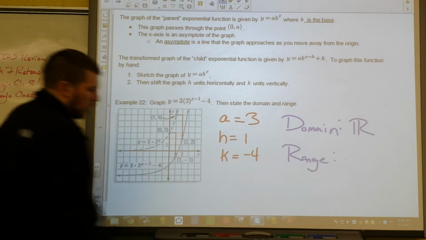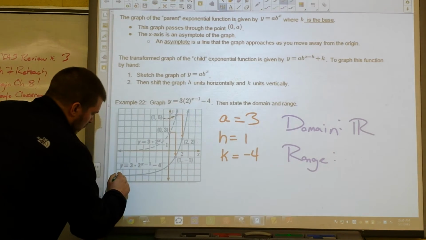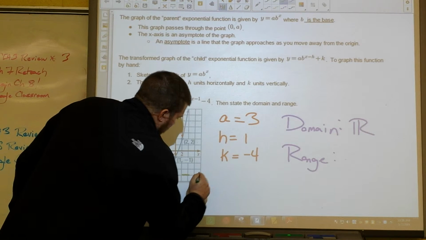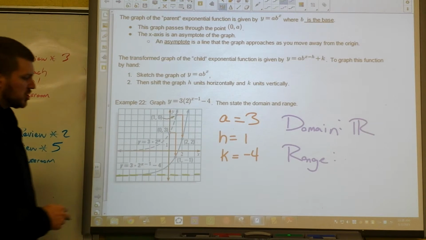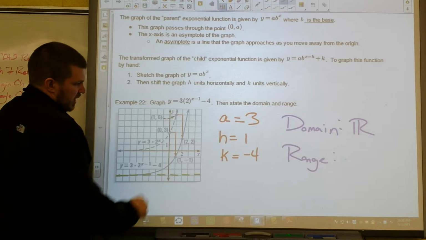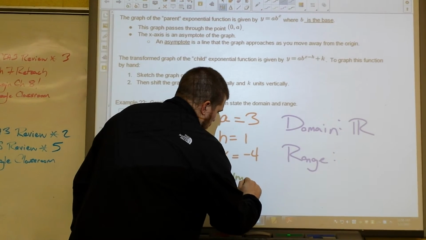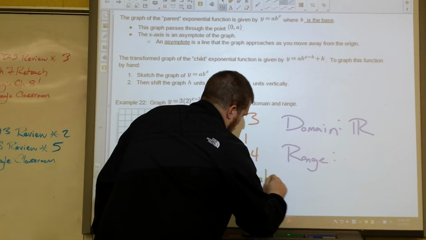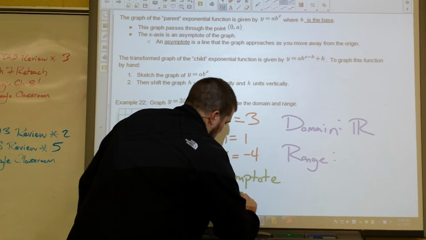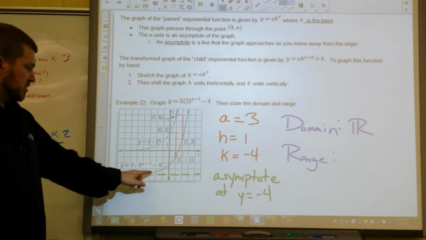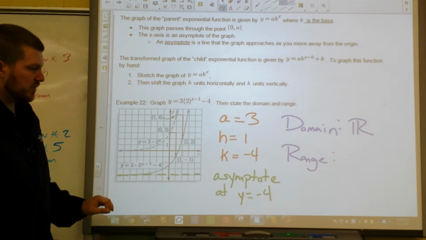So no matter what we do, the graph is going to get close to but never touch the asymptote at y equals negative 4. That's for the child function.